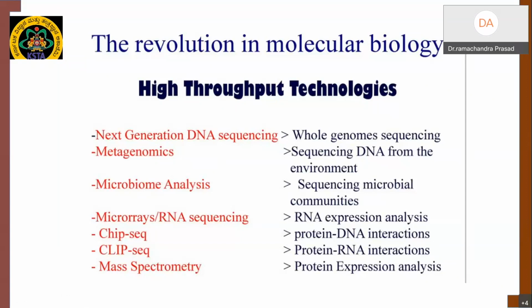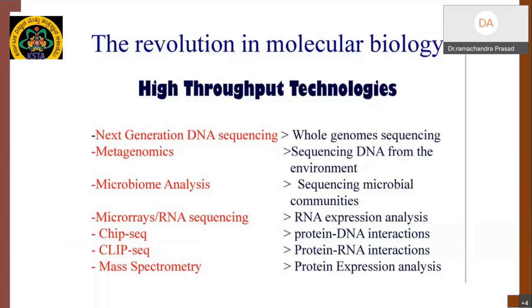So all these data are emerging from microarray, ChIP-seq, CLIP-seq, and finally mass spectrometry. In the last 2 decades, this is one of the revolutions that happened. We are trying to analyze at the protein level, protein expression.